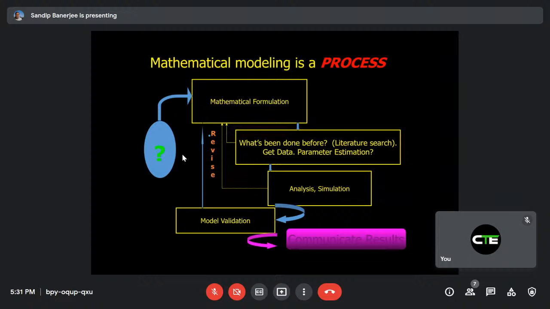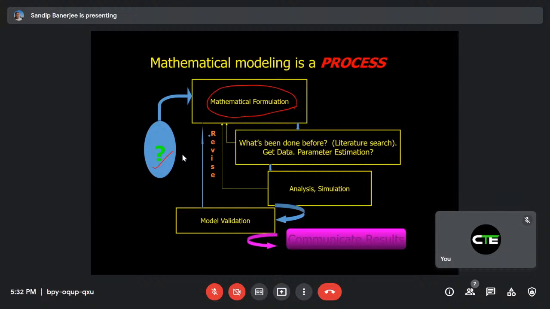That's what I work on. To start, you pose a question, any biological question. For example, if you consider the recent COVID pandemic, when will it go, how will it spread, whether there will be a third phase or not. Once you have that biological question, you use some mathematical tools to formulate the problem. In my case, it is differential equations. Once your model formulation is done, you acquire some data.